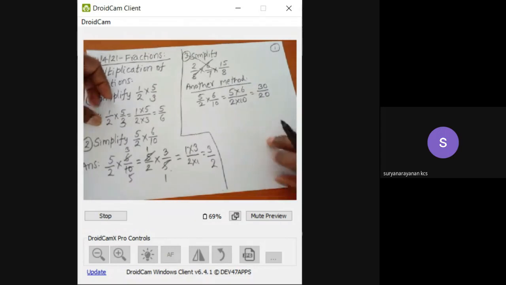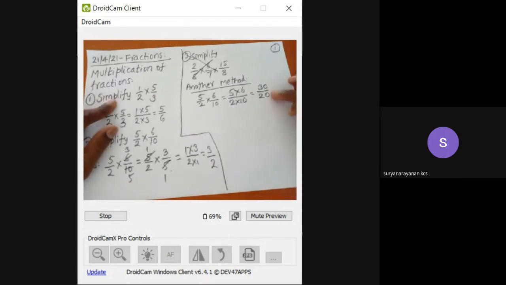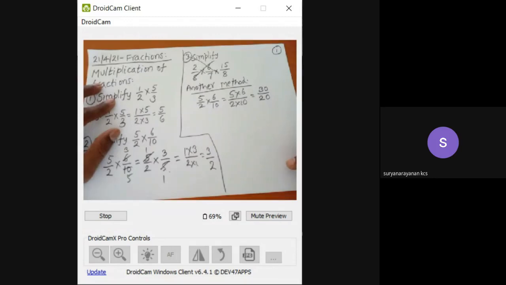If you observe, this fraction is not in the simplest form. We should write every fraction in its simplest form. Yes, sir. If we cancel that, we can get 3 by 2, no, sir? Yes, by 5.